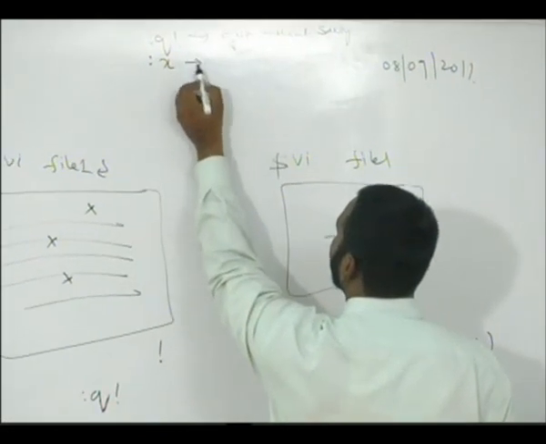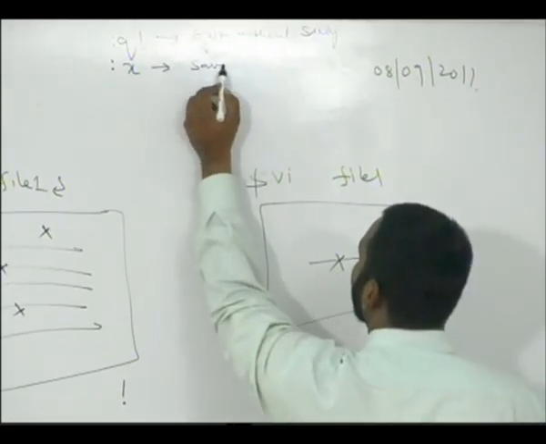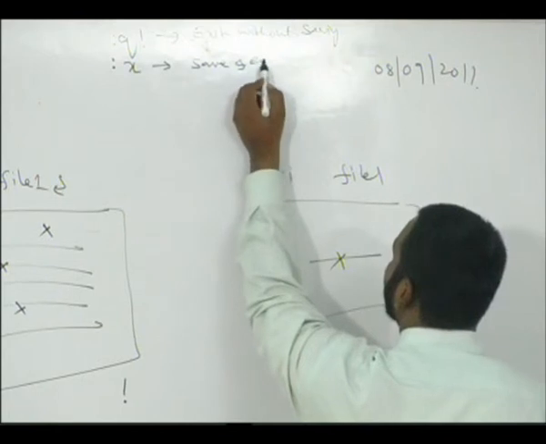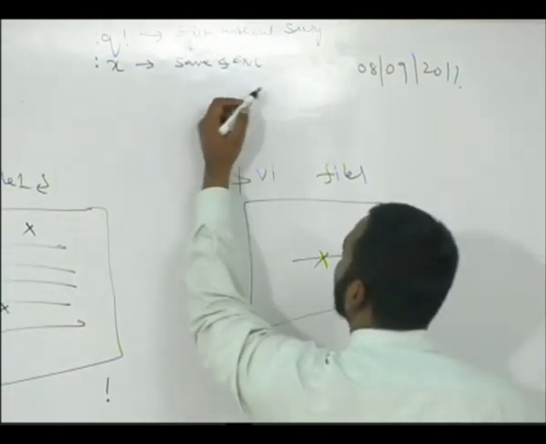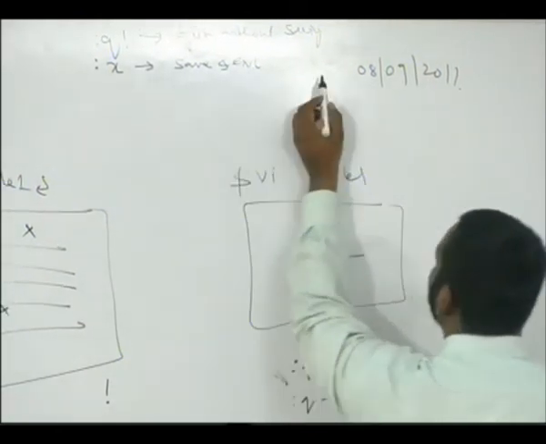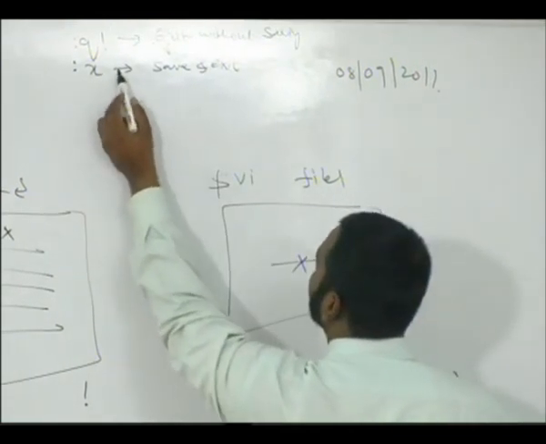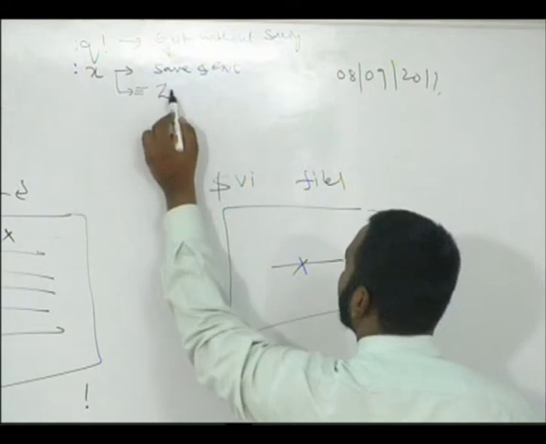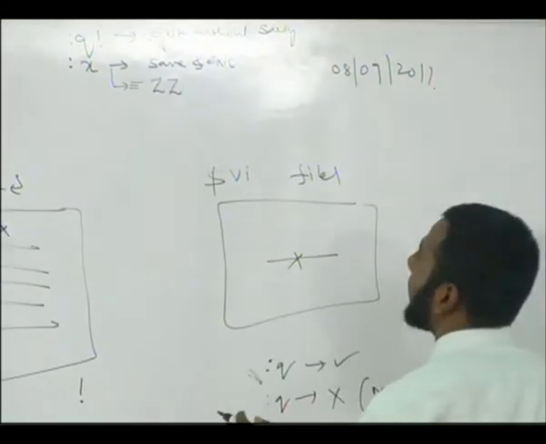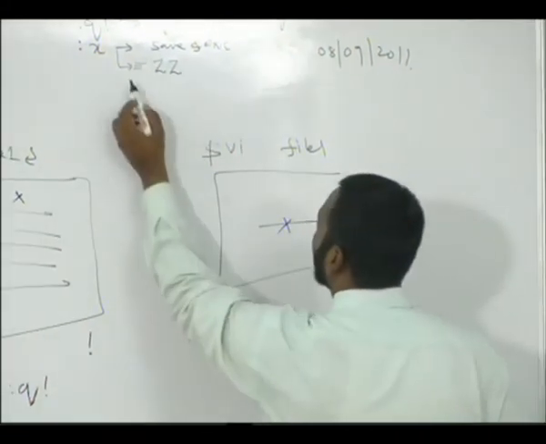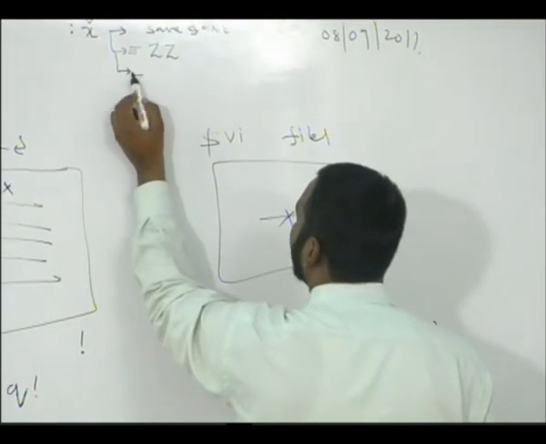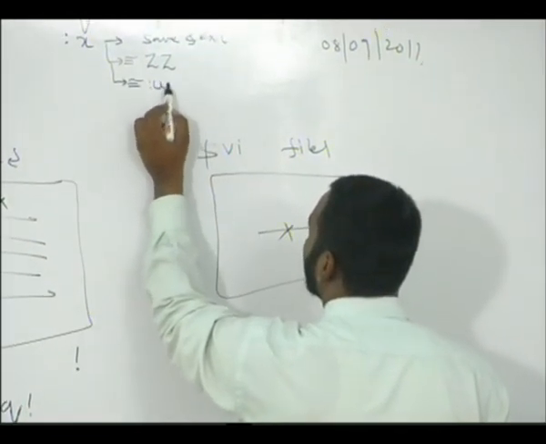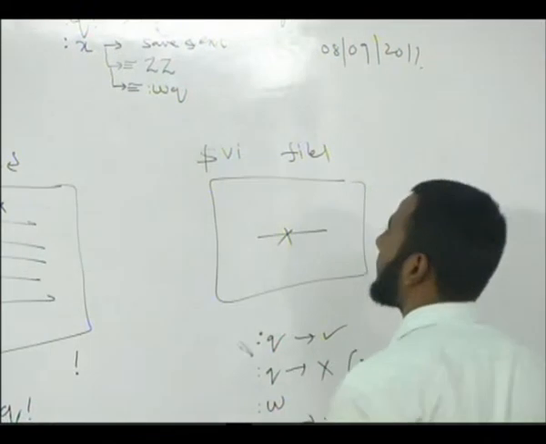It means save and exit, or save and quit. The similar command to x is ZZ in command mode, or you can also write the similar command wq, write and quit.